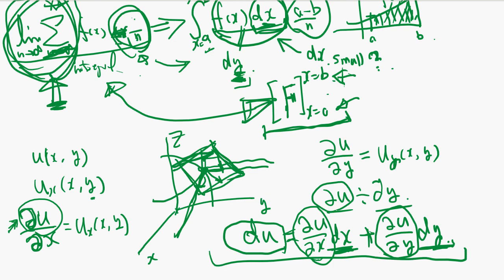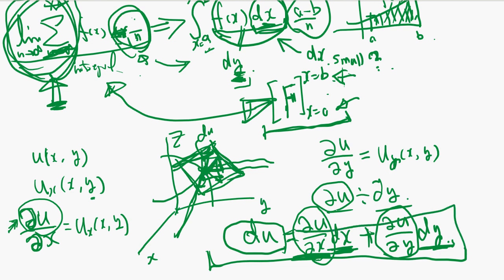So for example, if you have this direction du, you want to know the increment: the slope in the x direction times delta x, dx, so move in this direction and move in this direction, and the total increment is given by this.